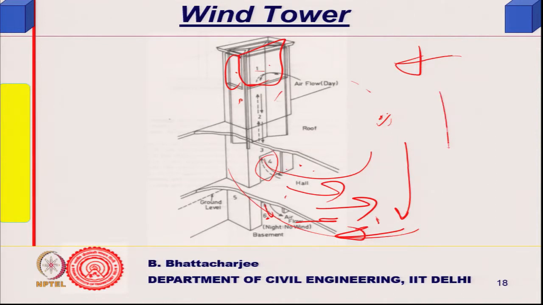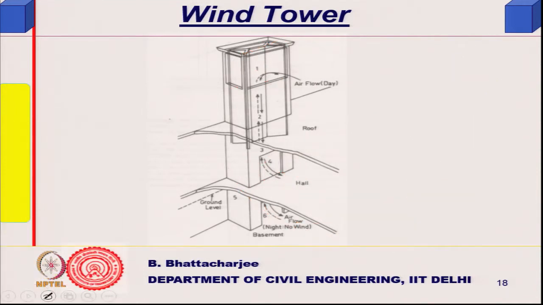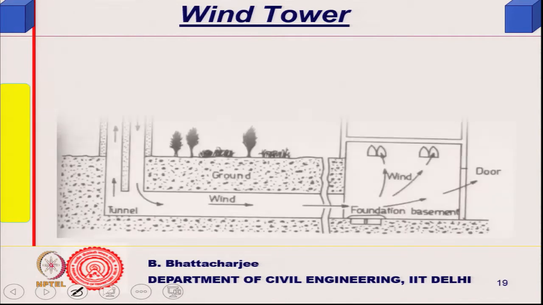So what we call the neutral plane, where the pressure is zero, that is, outside and inside pressure is the same, shifts because of the wind direction. So this is the wind tower scenario.